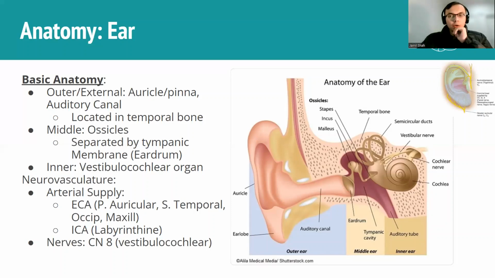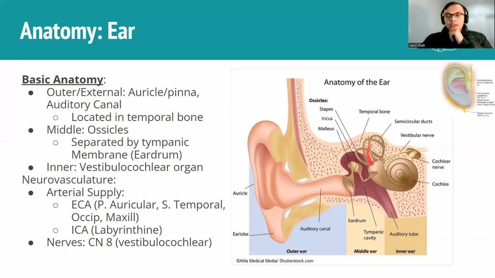Then the middle ear is composed of everything after your eardrum, so behind the eardrum. So that's your ossicles, your malleus, incus, stapes, or your hammer, anvil, stirrup, up to the actual inner ear itself. So the inner ear is formed behind this wall of the middle ear. So that's the middle ear here. That's your external ear here.